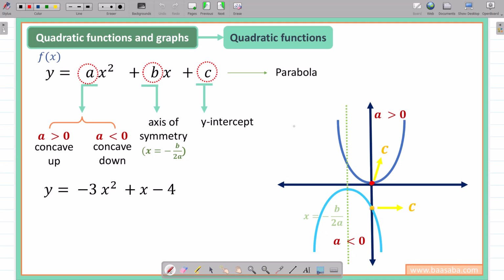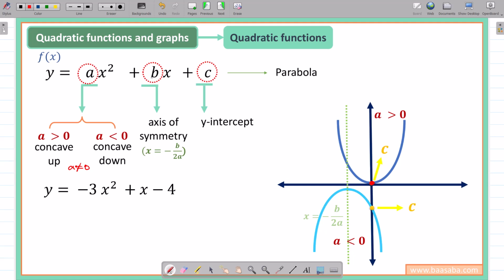It is upward. And when a is less than 0, our parabola is concave down. And a can never be 0, because if it was 0, our quadratic function would turn into a linear function, because we no longer have the term of x².